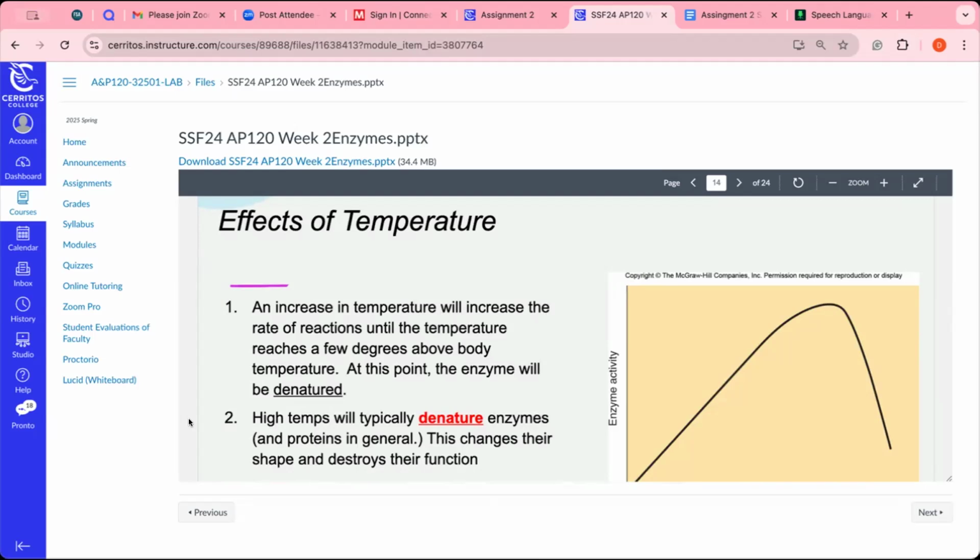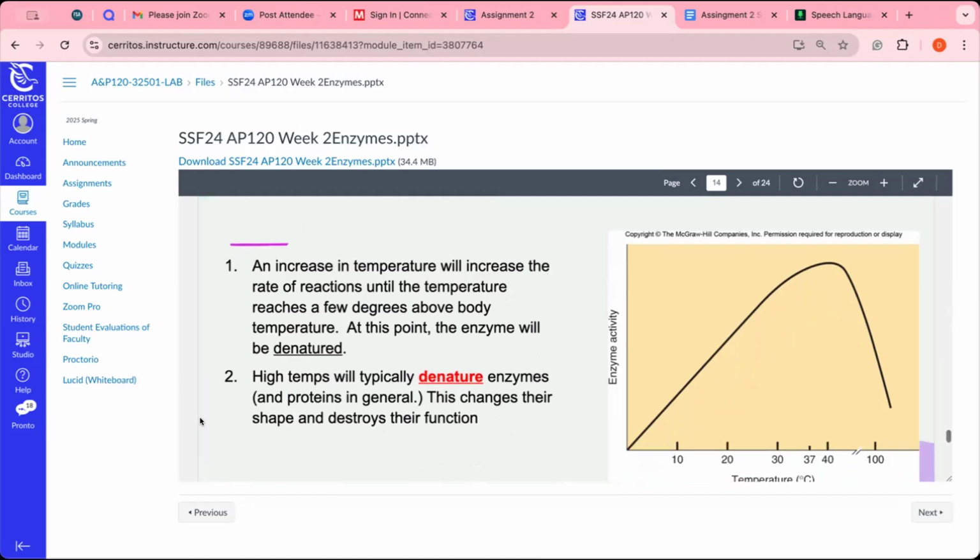So if you get too hot, then it's going to denature, because remember that organic enzyme reactions don't do well at extremely high temperatures. So we had that before.